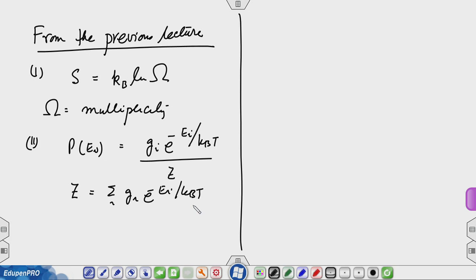And now we are going to apply these ideas to calculate the entropy of an ideal gas.